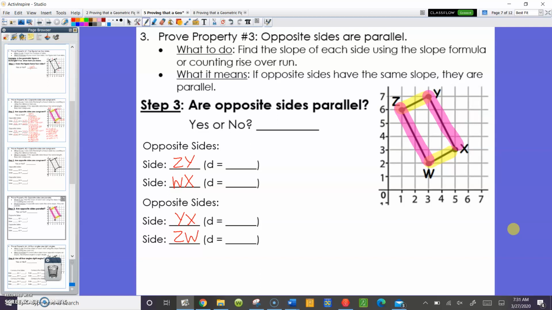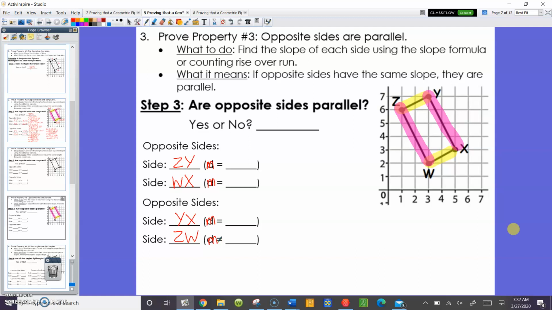Okay, and I just noticed something on here. These should say M because we are finding the slope and not the distance. So please do make that edit within your notes.